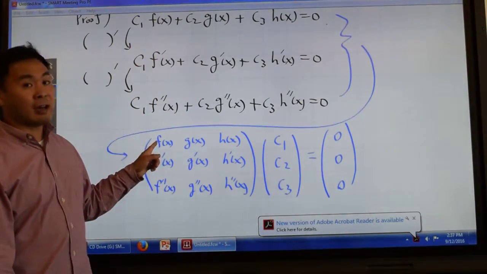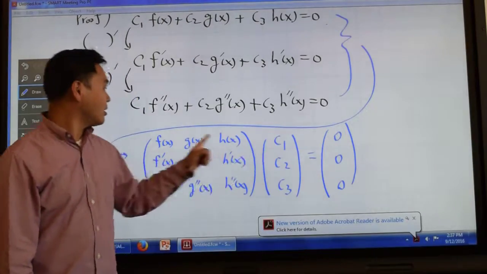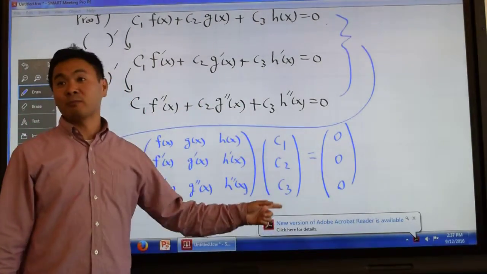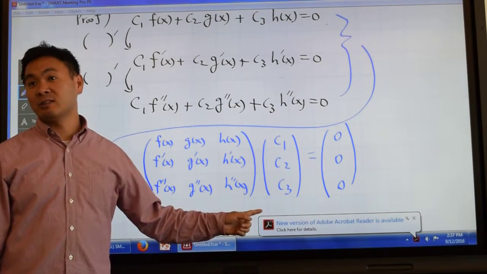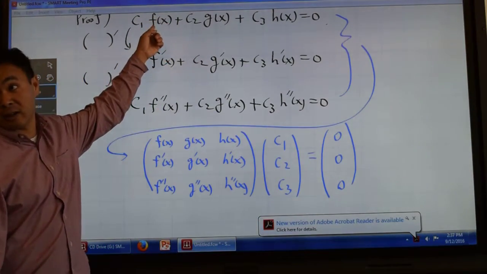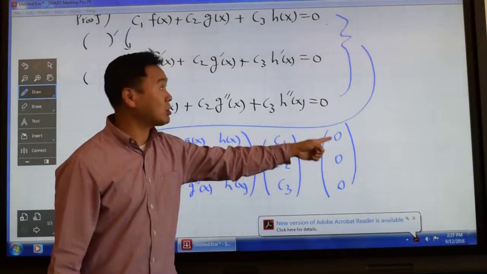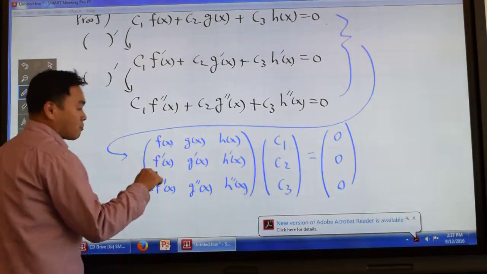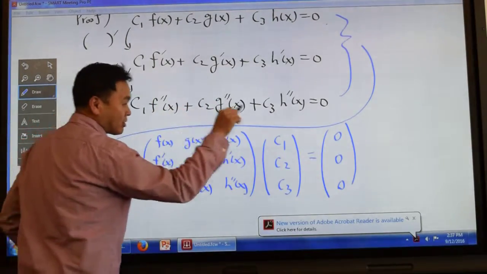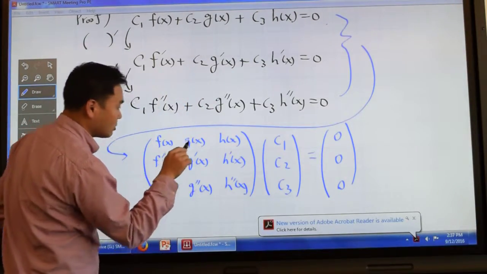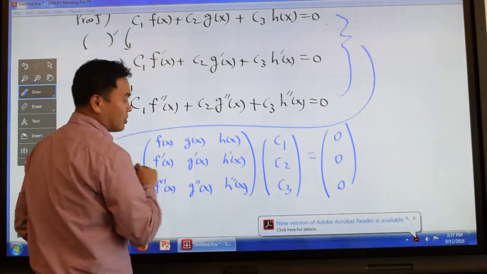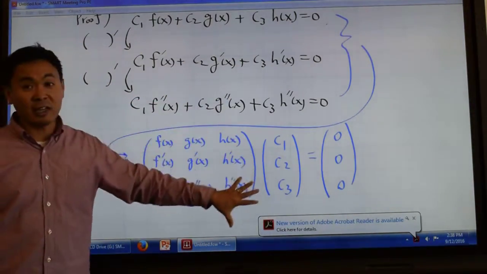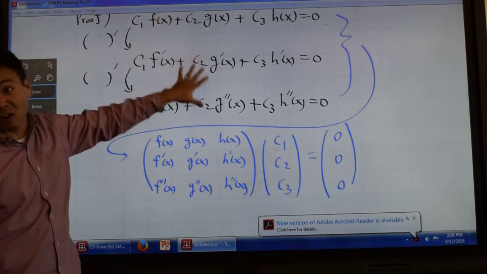So look at what you have. f(x) times C1, g(x) times C2, h(x) times C3, and you add them up. What do you get if you do that? You get the very first one, right? Equal to the first element, which is 0. And you get the same thing across down: f prime of x times C1, g prime of x times C2, h prime of x times C3. That's what you get, and that's equal to 0. So this thing here encodes exactly what we have above.